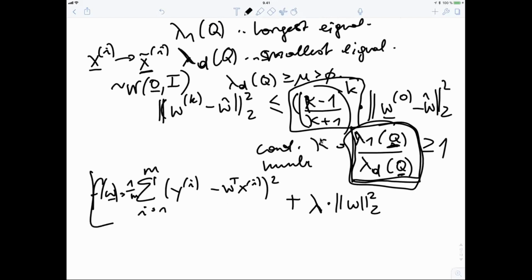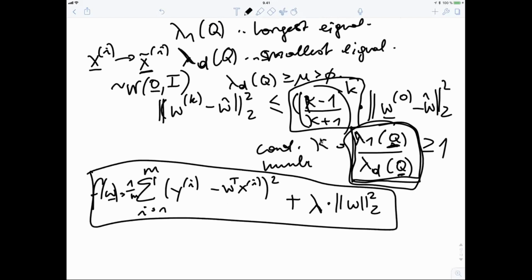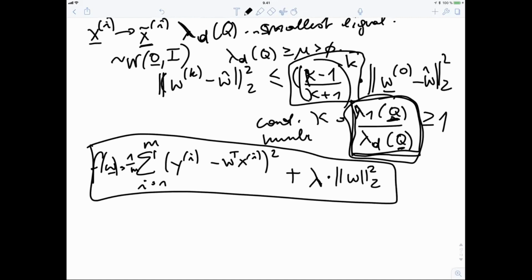By the way, do you know which machine learning method learns the parameters of a linear hypothesis by minimizing this objective function? Ridge regression. Excellent. So this is used by ridge regression.